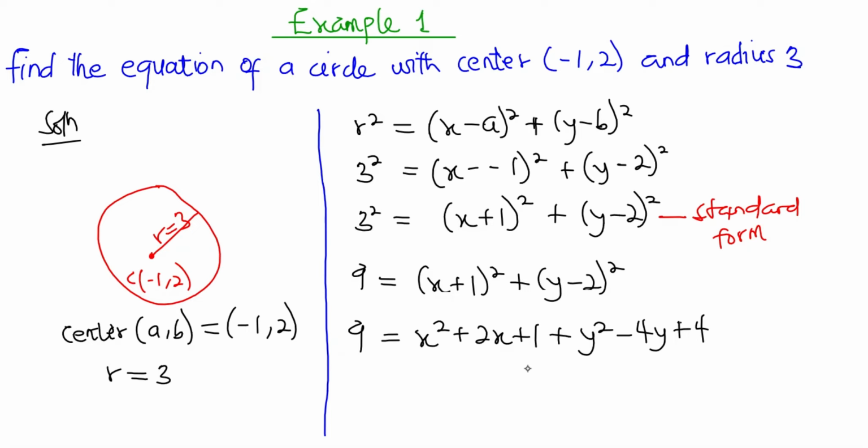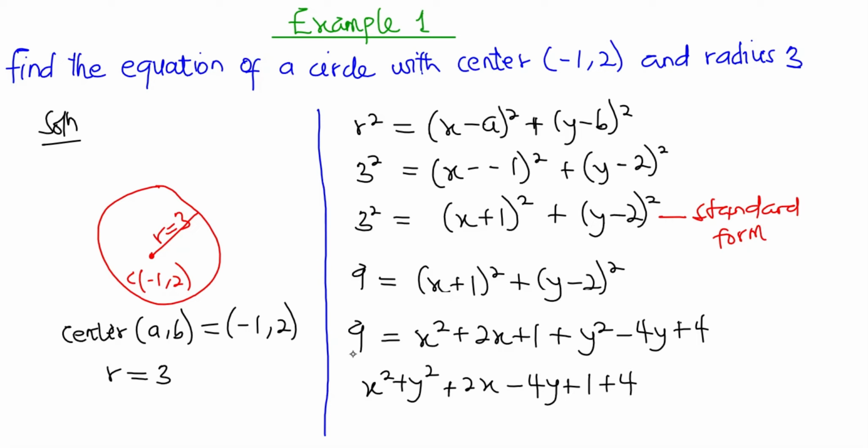That is it. Now you are going to rearrange or group like terms. In this case, we maintain x squared, also maintain y squared, and then we continue with plus 2x, followed by plus 4y, and here we maintain plus 1, we also maintain plus 4.